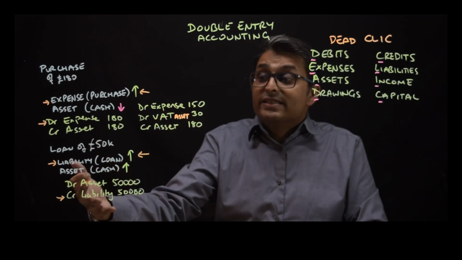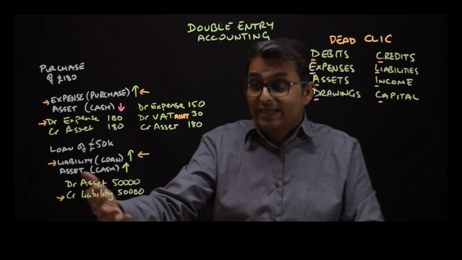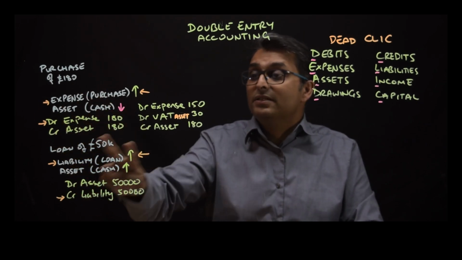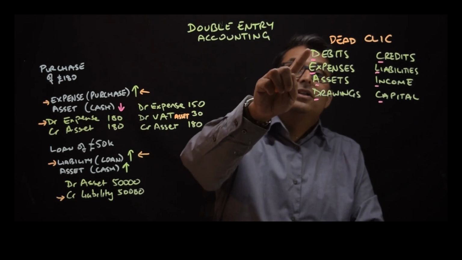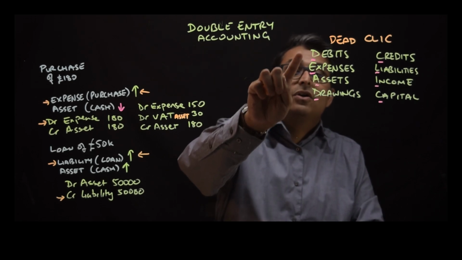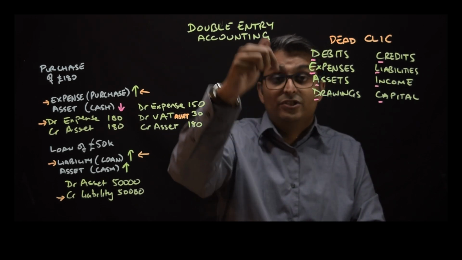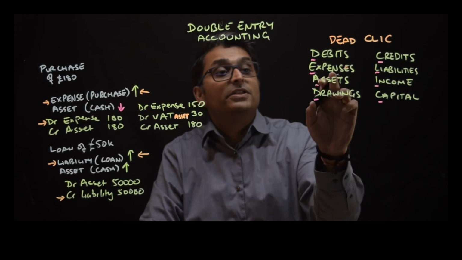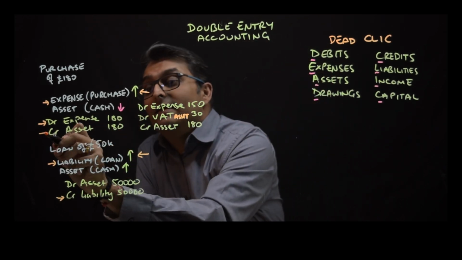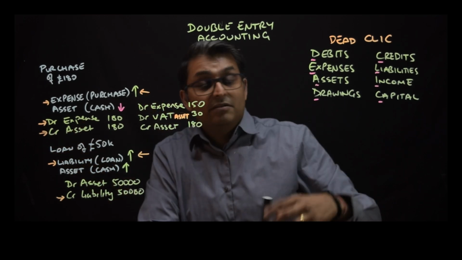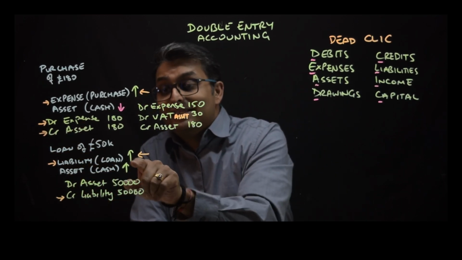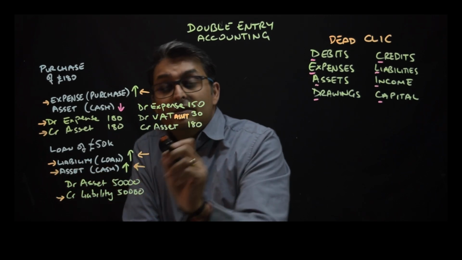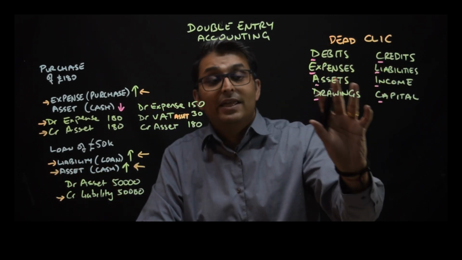When I decrease my asset, so when I'm making here a payment for a purchase, you can see that the assets are in the debits column. So that's how you increase an asset. So if it's decreasing, if it's reducing the asset, then it must be the opposite. So it must be crediting the asset. And just to round it off, here my asset is increasing, and this table is showing how to increase assets.